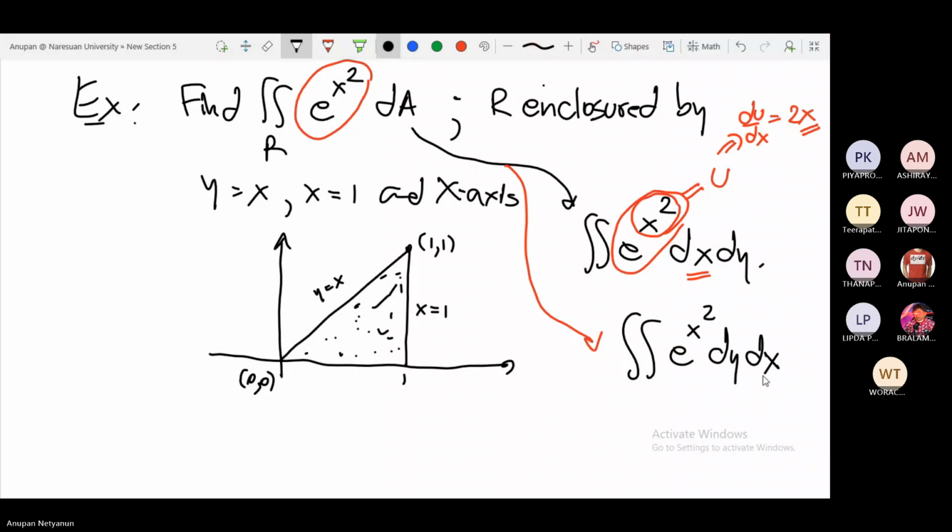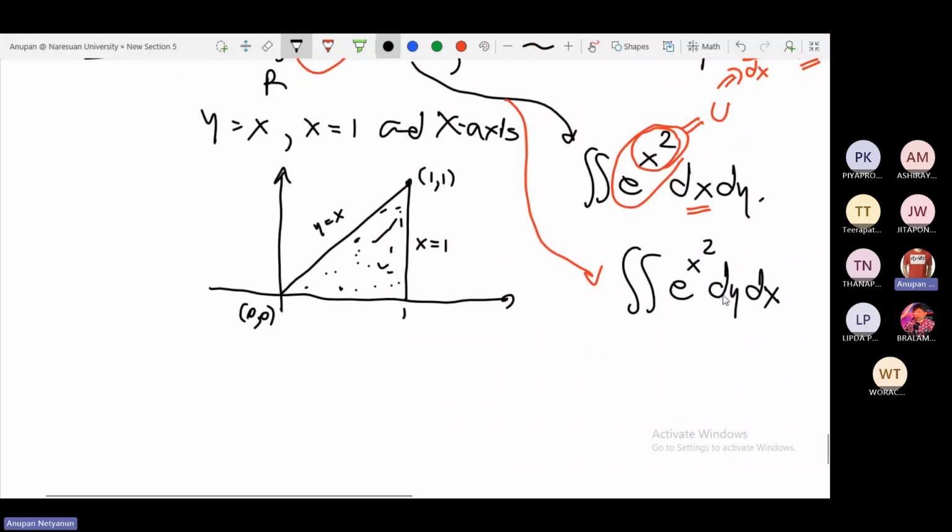And you can see why this works. Because when you do integration with respect to y, your x is a constant. So x squared is also a constant, and e to the constant is a constant. So you can do integration with respect to y in this case.